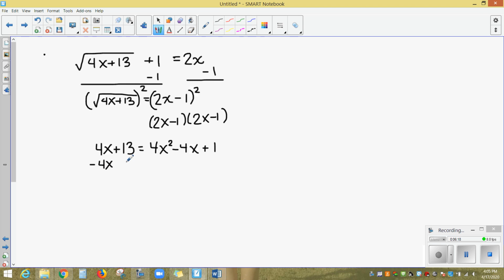When I see an x squared in the problem, I know that I want to get a 0 on one side, so I can factor the other. And this says 0 equals 4x squared minus 8x minus 12.